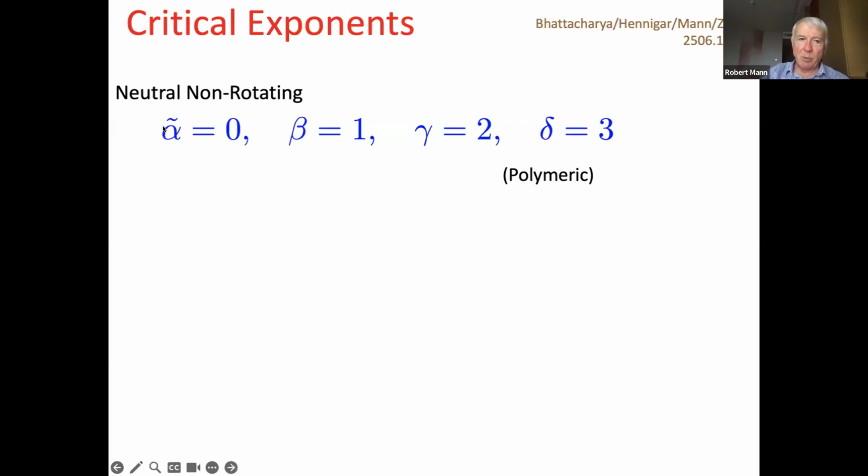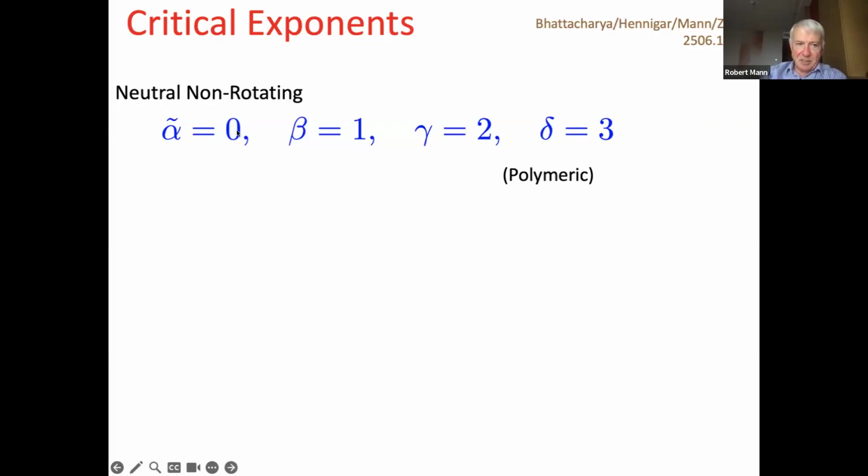These critical exponents govern the behavior of a system at criticality, and they're exponents of how things like the specific heat at constant pressure, or the change in volume near the critical point depend on the temperature.